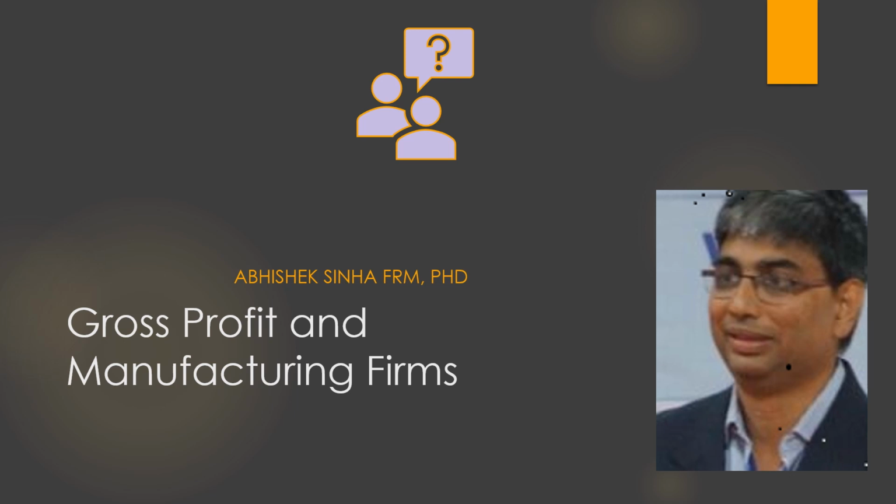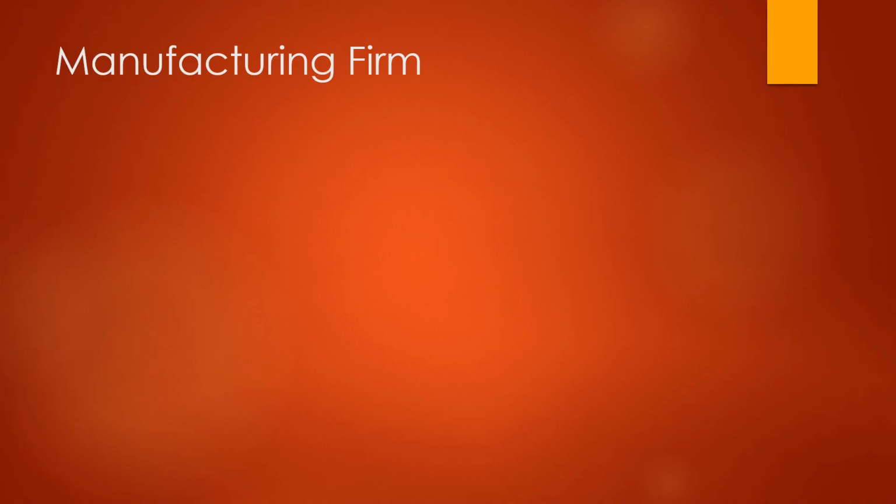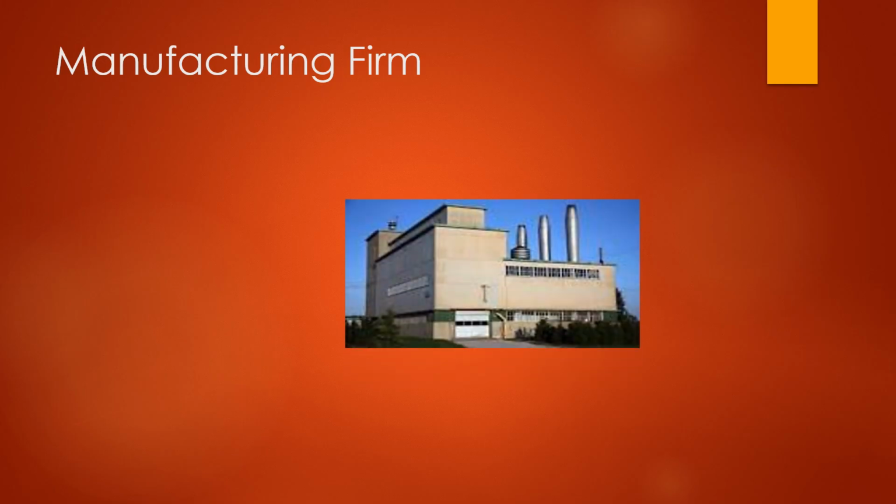The first thing I want you to do now is to visualize a manufacturing firm or a manufacturing plant. And I'm sure this is what comes to your mind. But if you want to be someone who can analyze a business or run a business, this is not what I want you to do.